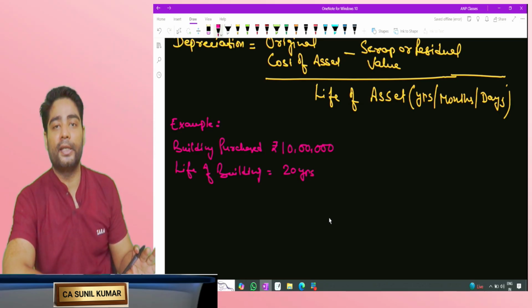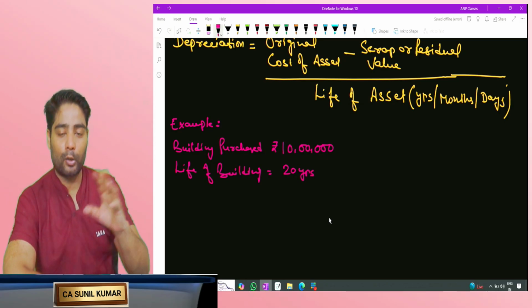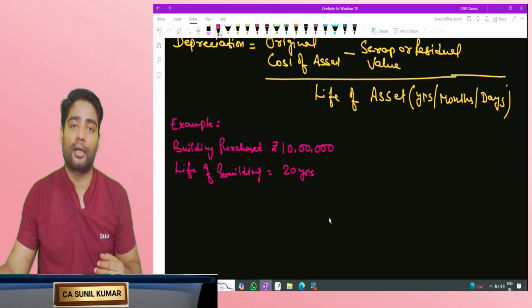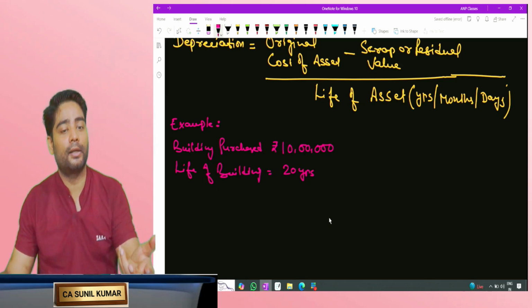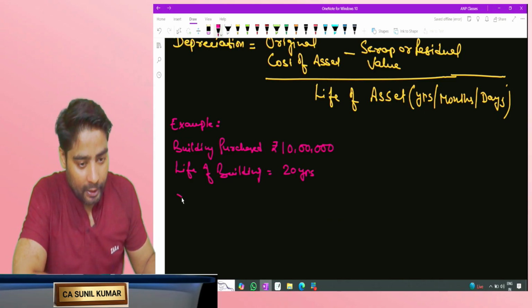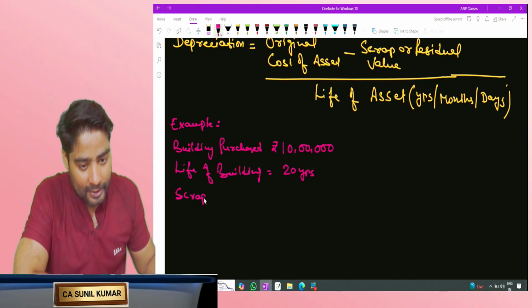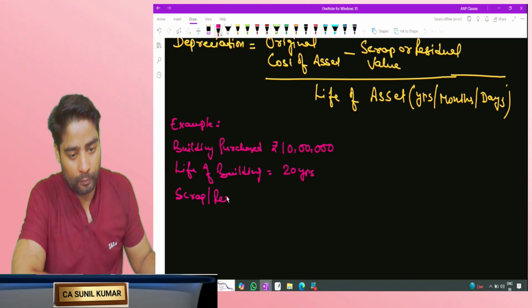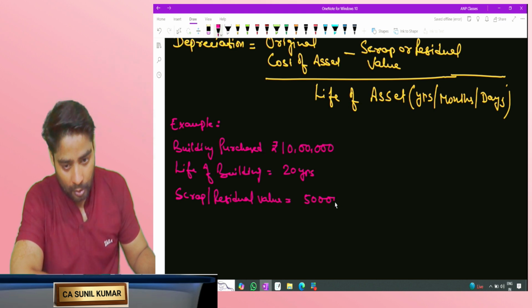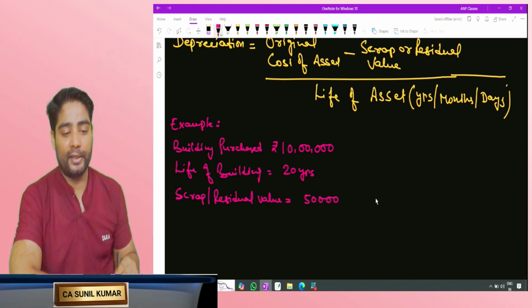And after 20 years we will demolish the building, and by demolishing the building, the scrap that we have generated can also be sold. That is called scrap or residual value. 50,000 at the end of 20 years.